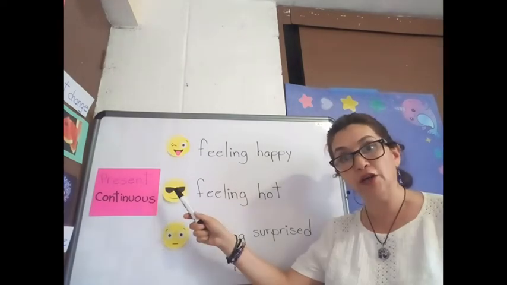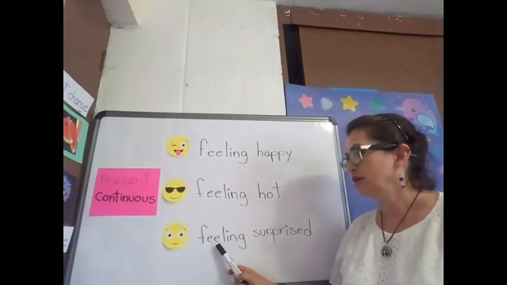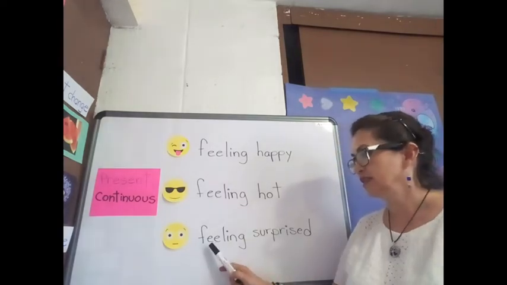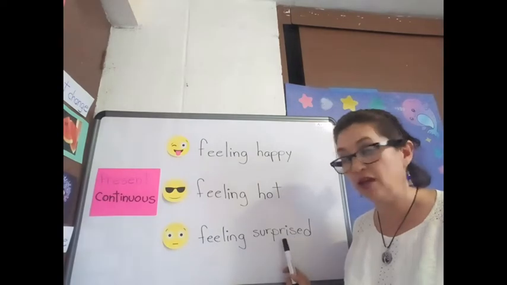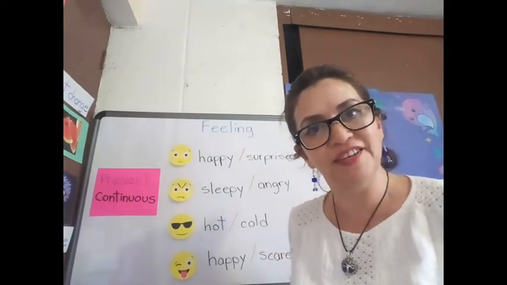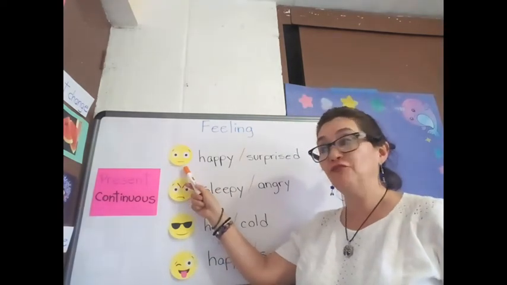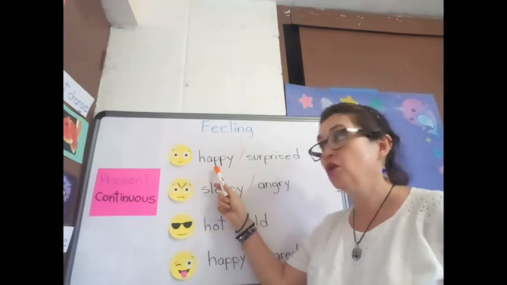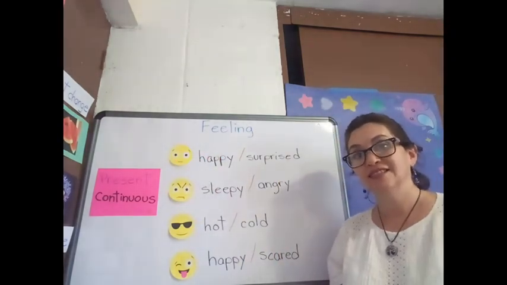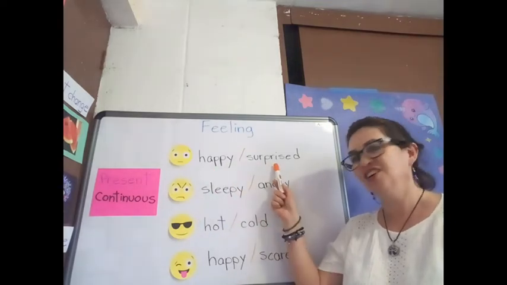He is feeling hot at the moment. She is feeling surprised. Is she feeling surprised right now? Now, let's see if you can answer these questions. Is he feeling happy or is he feeling surprised? How is he feeling now? Happy or surprised?